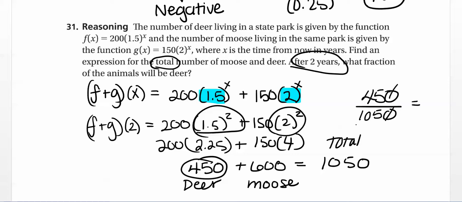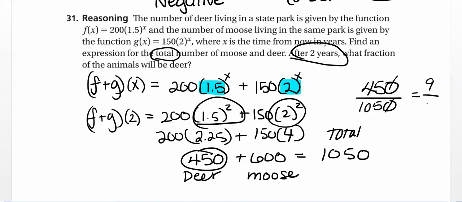That would get rid of the zeros. We can divide by 5. That'd be 9. Divide 105 by 5. That would be 21. I can reduce these by 3. And that would be 3 over 7. So 3/7 of the total animals would be deer. Okay, that's it.